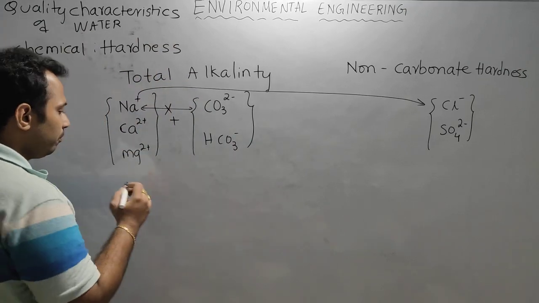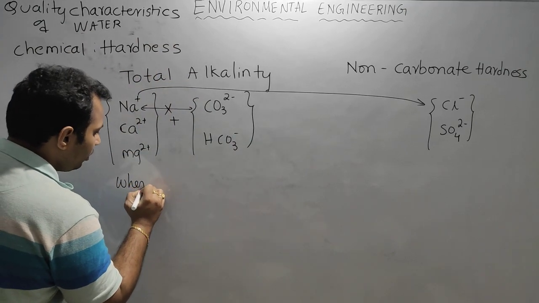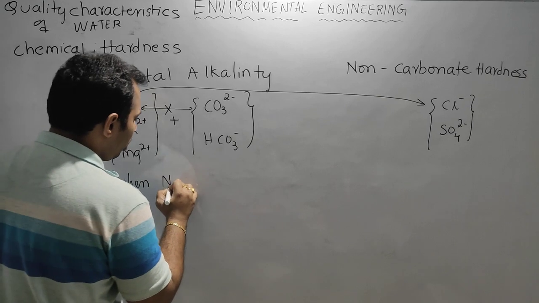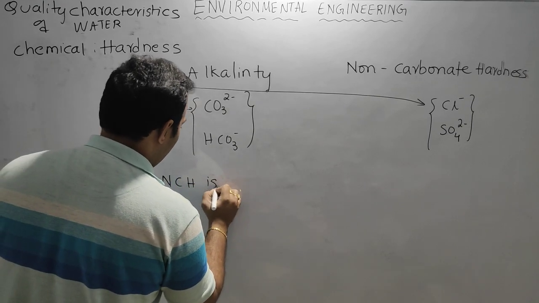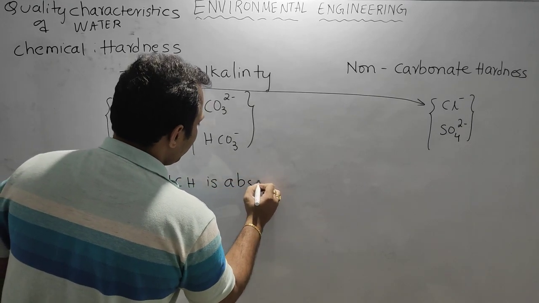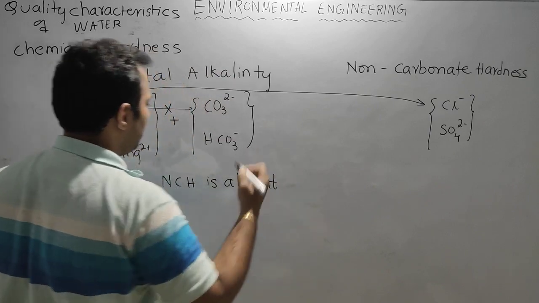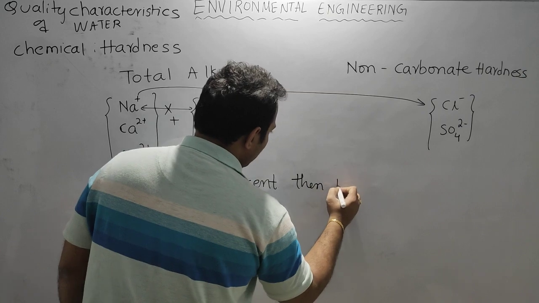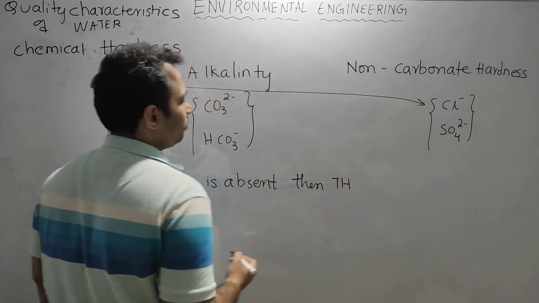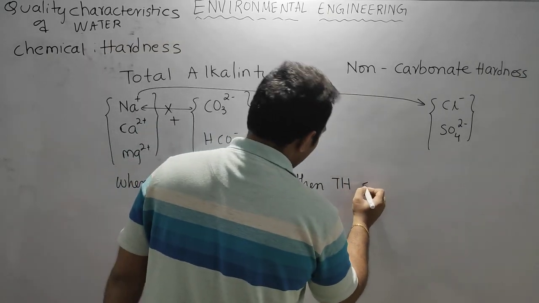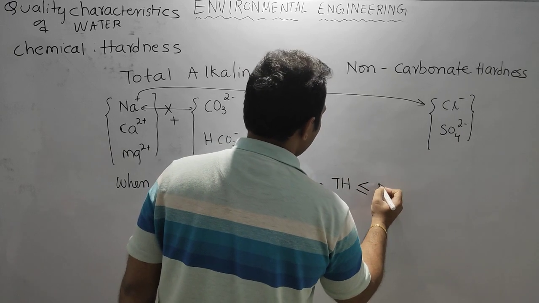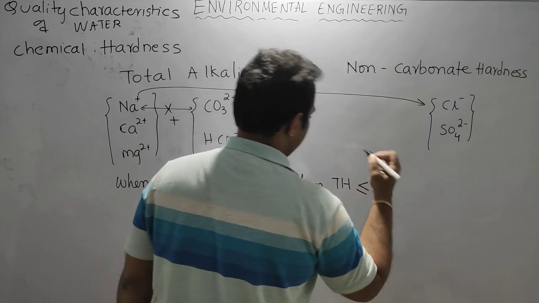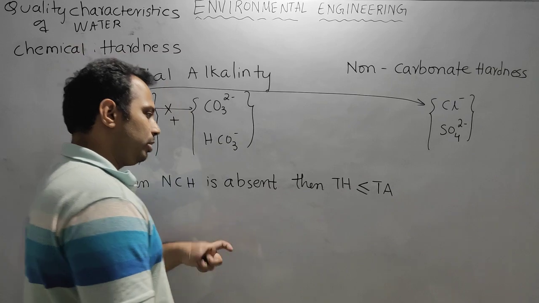So when non-carbonate hardness is absent, then total hardness may be less than or equal to total alkalinity, or vice versa.